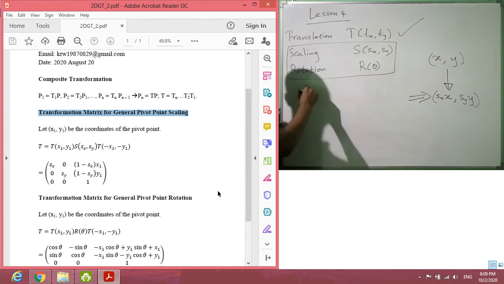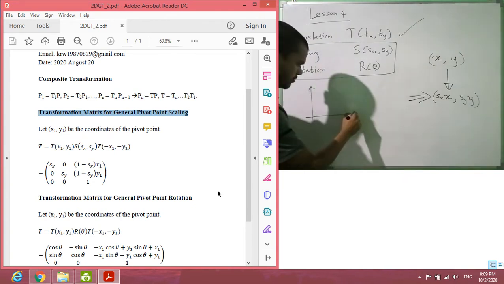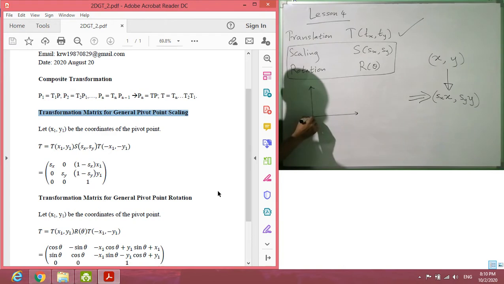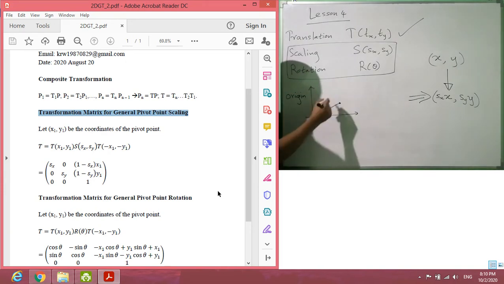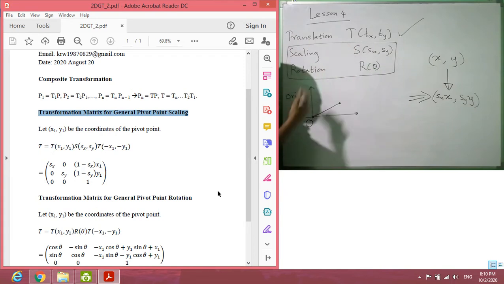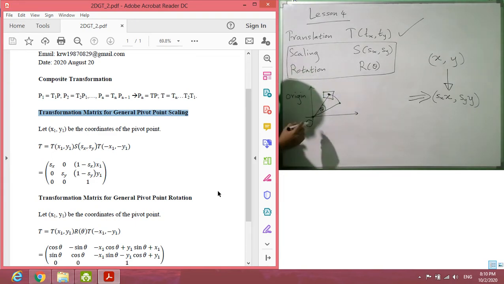Here when we derived the transformation matrix, we derived it so that the point rotates around the origin in anti-clockwise direction by an angle of theta. This is the new position. It rotates around the origin.